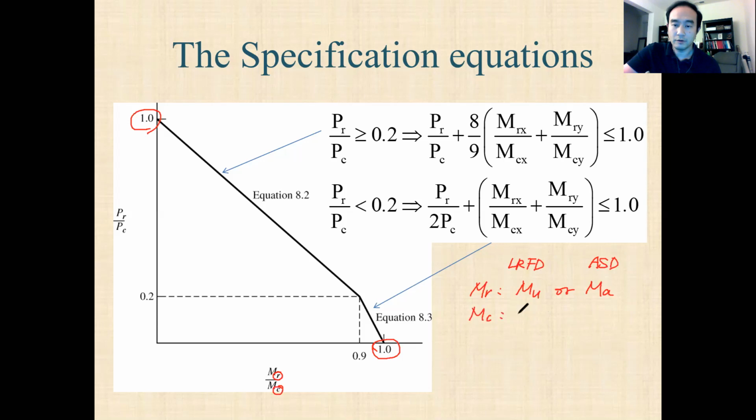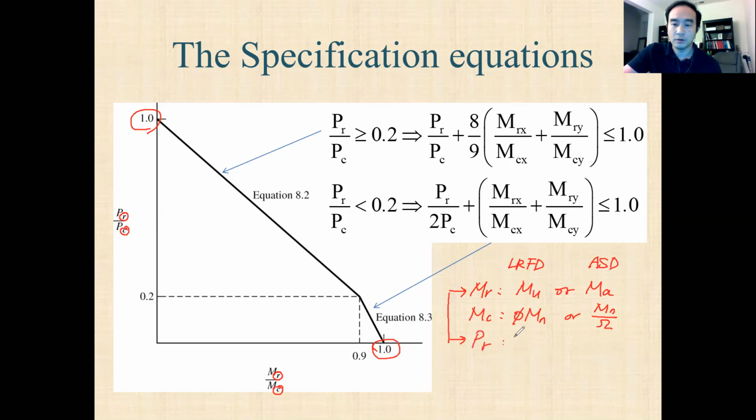For LRFD, it's going to be phi times MN. For ASD, it's going to be MN over omega. Same thing for the y-axis quantity. This is a ratio between PR to PC. Again, PR is going to be the demand.